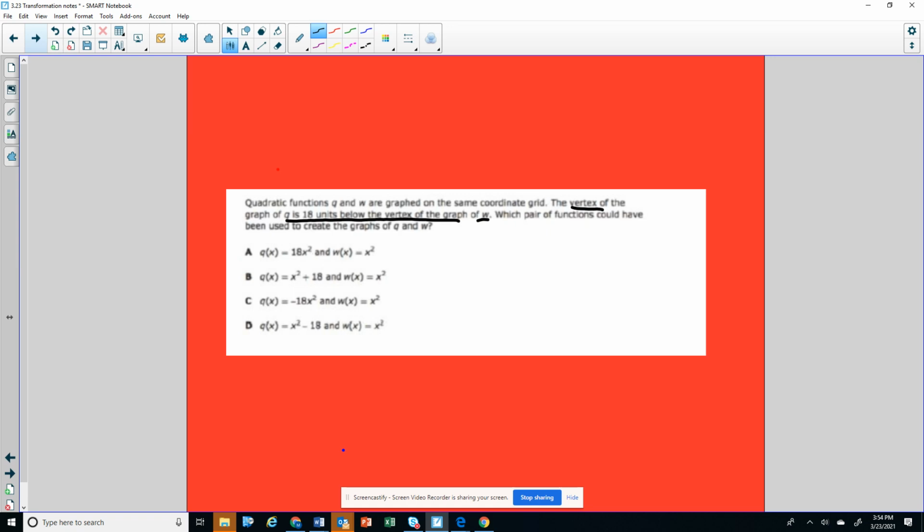Now, it's not going to be A or C, because A and C are talking about a vertical stretch, a skinnier graph. Nowhere does the question talk about that. So it's not going to be those two. Plus 18 means that Q is above W. It did not say Q is above W, so it has to be D, right?